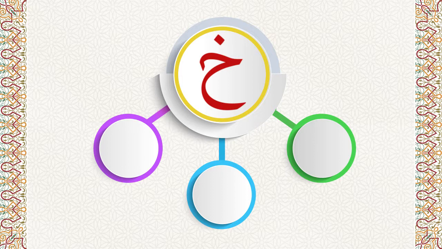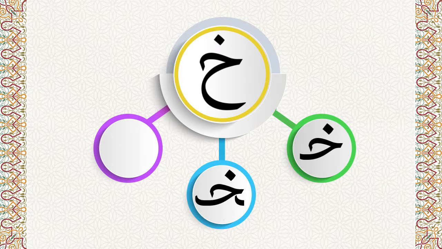So there are three shapes of the Kha. This is a shape of the Kha. First one is the beginning of the letter, this shape of the Kha is the middle of the letter, and this shape of the Kha is the end of the letter.